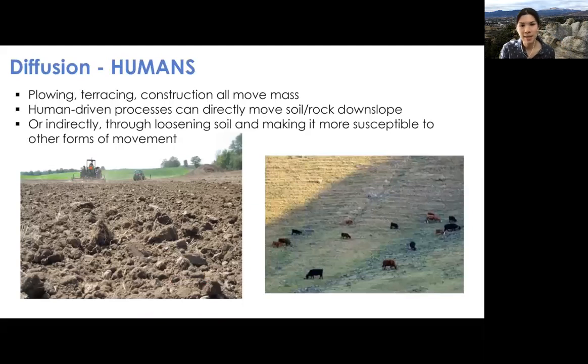We may be directly moving the soil and rock downslope, or we may indirectly be doing it and sort of priming it for another diffusion process. For example, in this lower left picture of plowing, this loosens the soil particles and makes it easier for other processes like overland flow or maybe some wind to carry that soil and move it downslope.